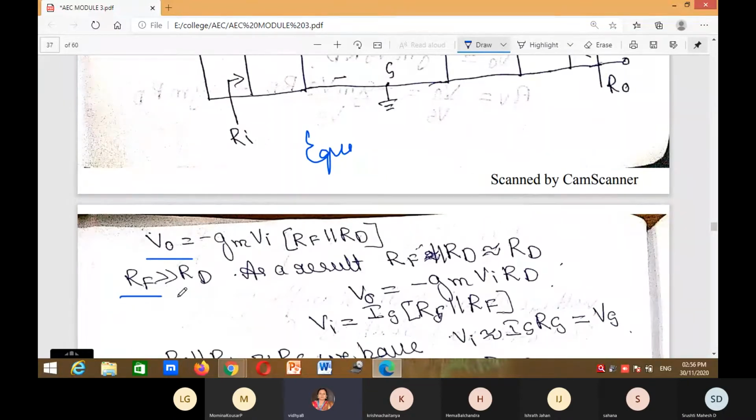If Rf is greater than Rd, then Rf parallel Rd gives the result Rd only, because Rf is greater than Rd. So V0 is equal to minus gm Vi Rd, substituting Rd.